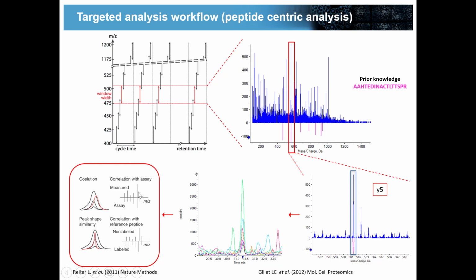If we know that the relative fragment ion intensities should have this pattern, we can check that the rank of these fragment ion peak areas is correlated with this. There are various other scores that we can compute, including peak shape, and if we have reference peptides, we can compare to those as well. And this is the mProphet algorithm, which is cited down here.